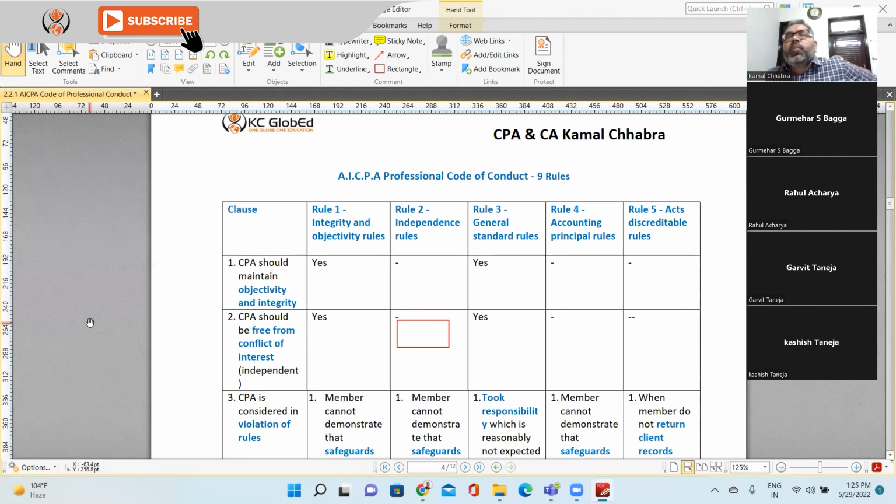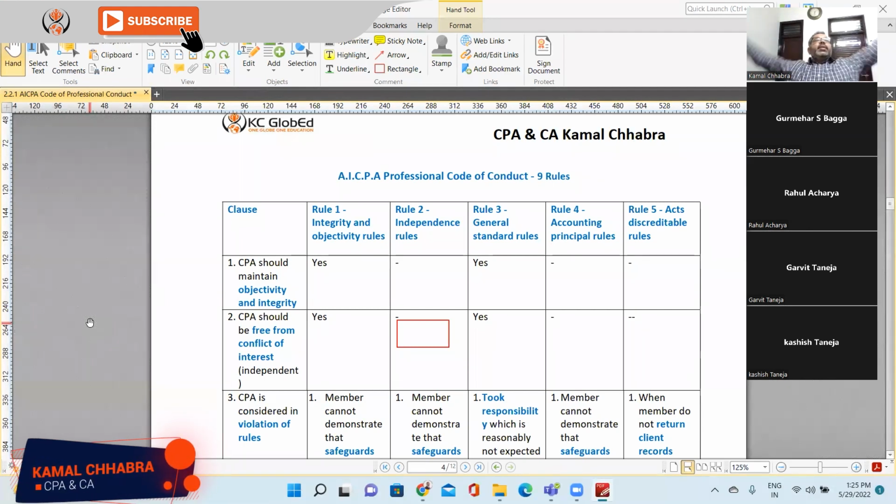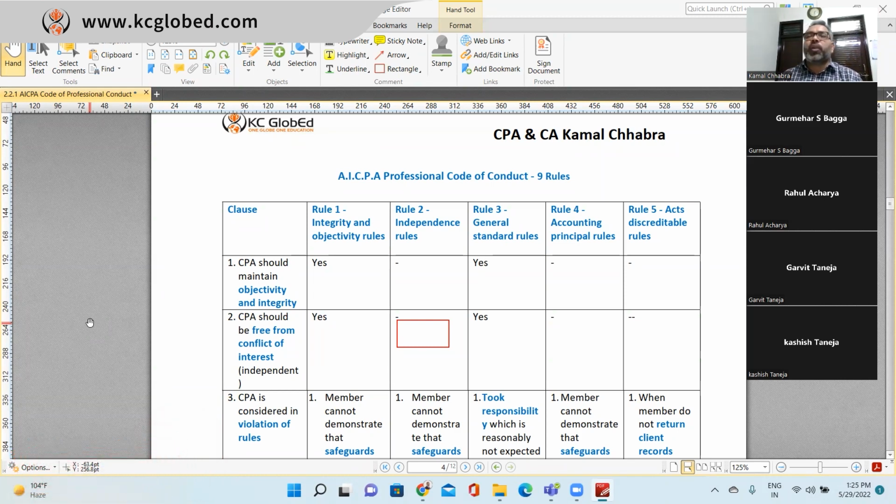Yeah, very good point, Gurmeher. The reason it is under the discreditable acts rule is the differentiation between what is a management work paper and what is an auditor work paper. If you do not give back the management documents within 45 days after completion of your audit, it will result in discreditability for the CPA, right? A lot of the time there is confusion about what is a management work paper and what is a CPA work paper.